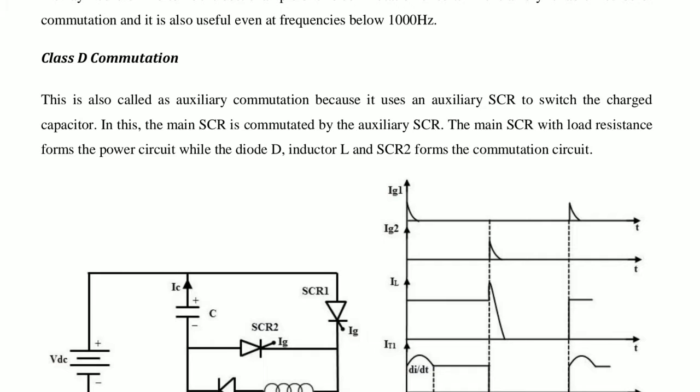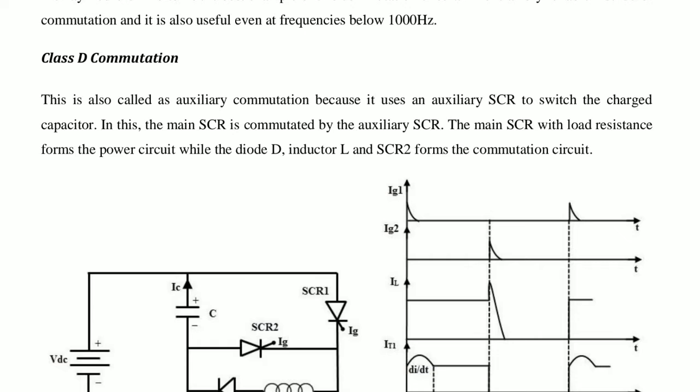The first one is force commutation and the second one is natural commutation. There are a total of 5 types in the force commutation, that is class A, class B, class C, class D and class E commutation. Class A commutation is also called load commutation or pulse commutation.